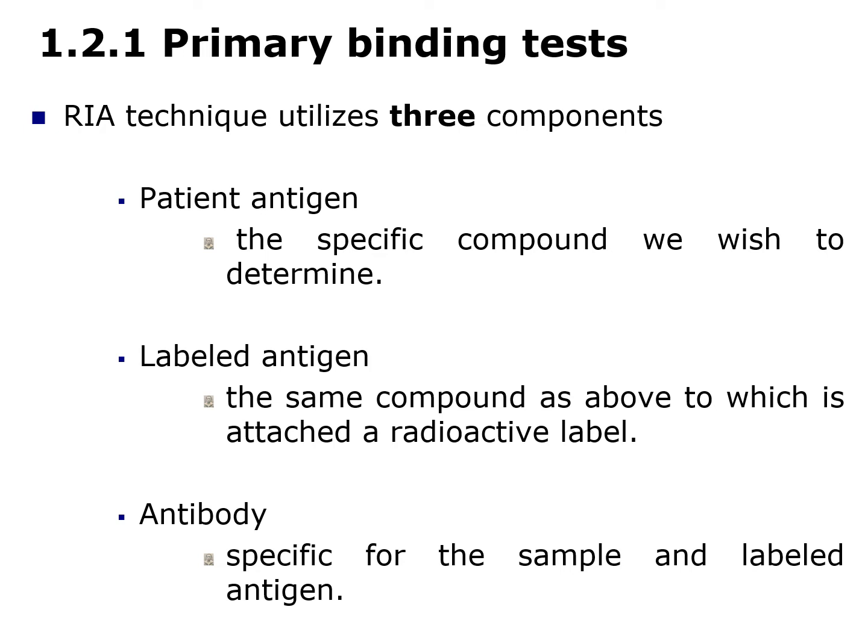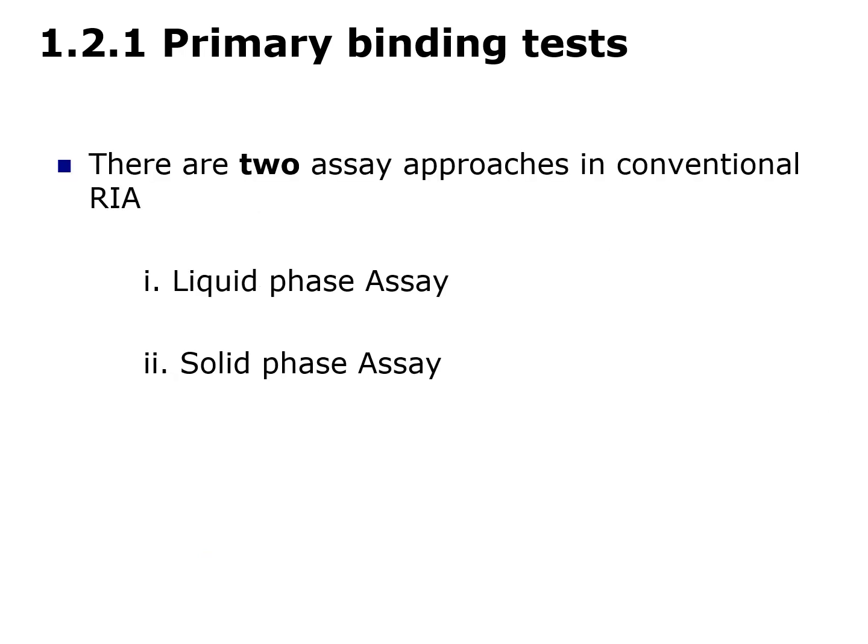This antibody will be competed for by these two antigens because they are both specific to this antibody. So in short, they will be like looking for a partner, but the number of antibodies is less than the labeled antigen and the patient's antigen, so there will be competition. That's why it's competitive. Right, so RIA can run either as a liquid phase assay or a solid phase assay.